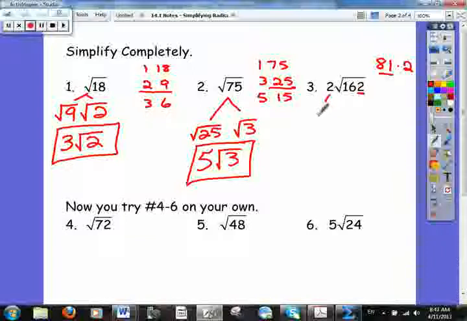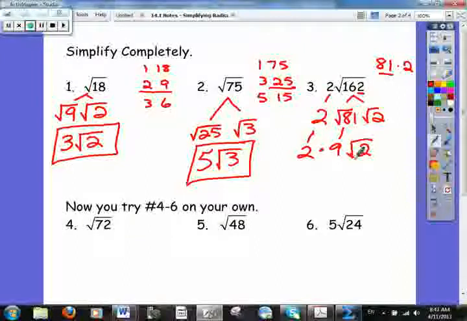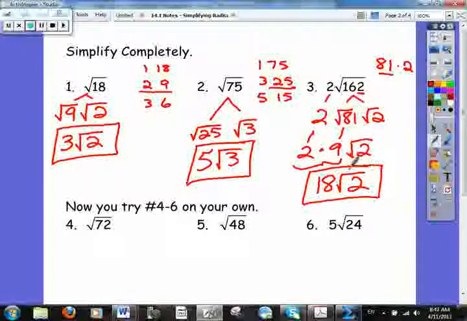So I have the 2. I have the square root of 81 times the square root of 2. What is the square root of 81? 9. And then, can I simplify the square root of 2? Nope. So now this says 2 times 9 times the square root of 2. Well, I can multiply the 2 times 9, and my simplified answer is 18 square roots of 2.